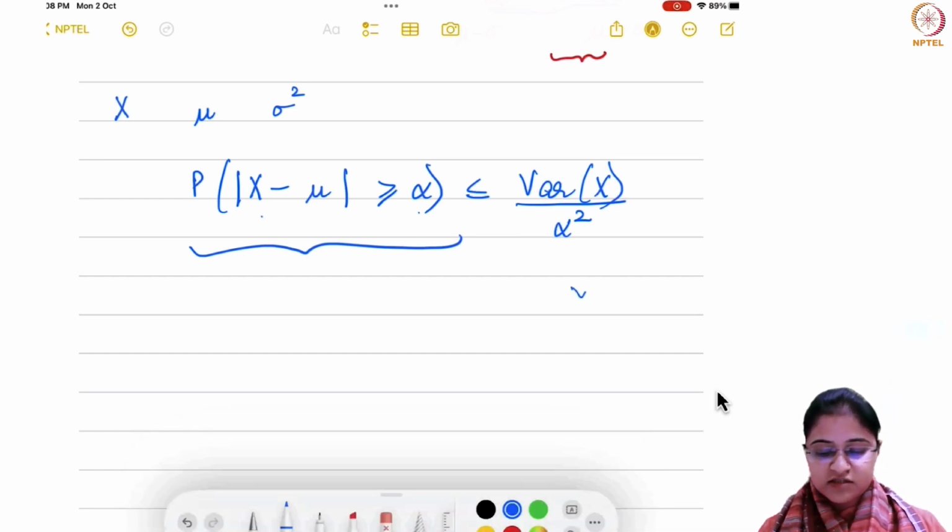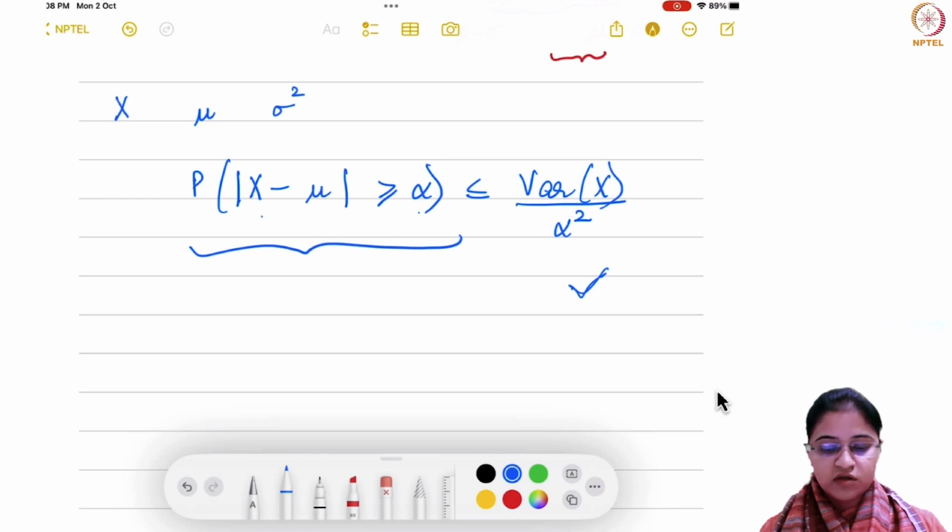If the variance is small, if this quantity is small, then this probability is also going to be small. If the probability is small, it means that the probability of this event happening is small, which means that x is going to be close to the mean. So the observations are going to be close to the mean. And that is what we have seen just now also, that if the variance is less, then the observations would be near the mean.